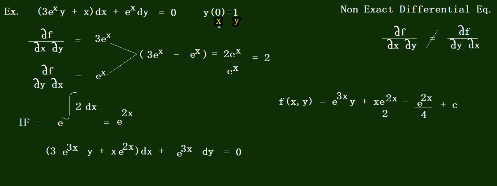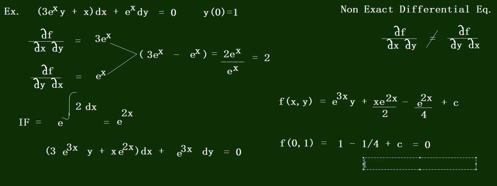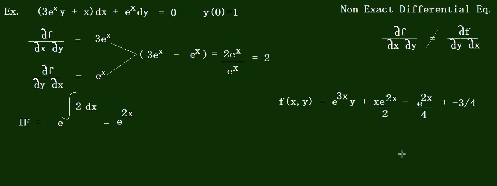Here the value of x is 0 and y is 1, so I put here 0 and 1, and already this function is equal to 0, so the value of c is given by minus 3 by 4. Okay, you can place the value of c in the main equation here. Okay, so this equation f(x, y) is the final answer for the differential equation.